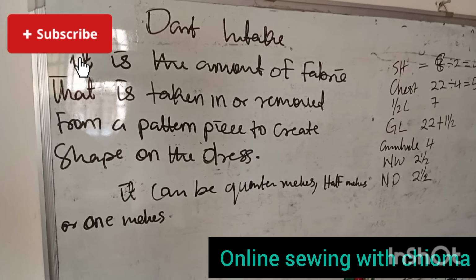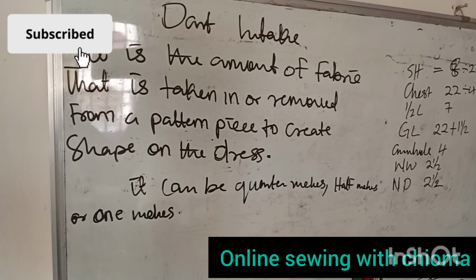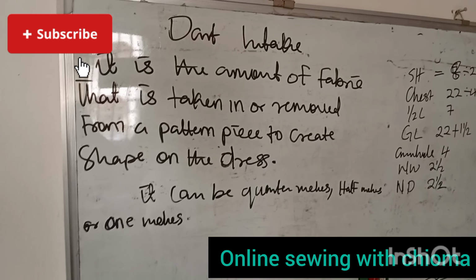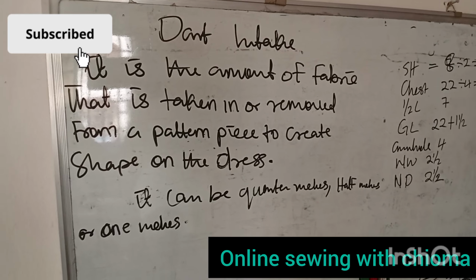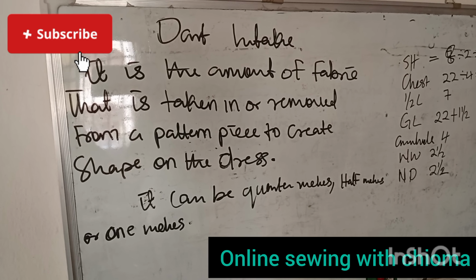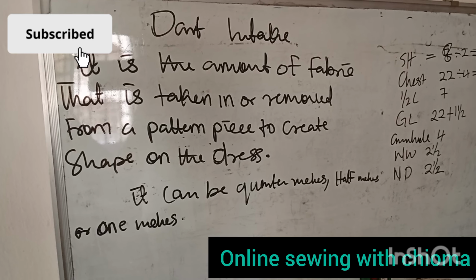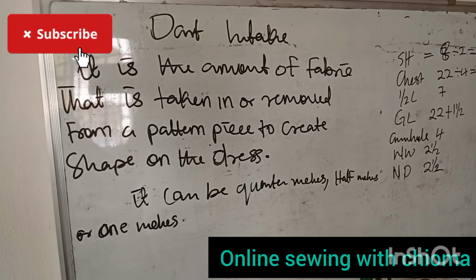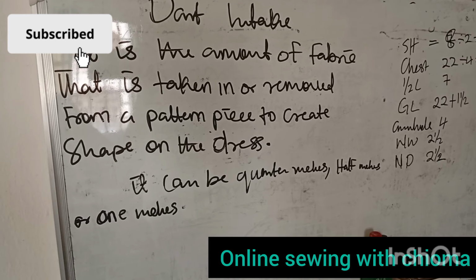Dart intake is the amount of fabric that is taken in when you want to sew a dart. If it is a waist dart, if you come to the waist, you have to take in fabric. Now that fabric that you take in is what we call dart intake.